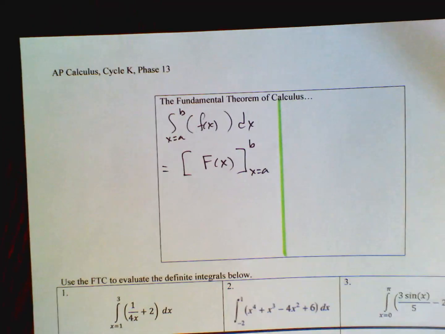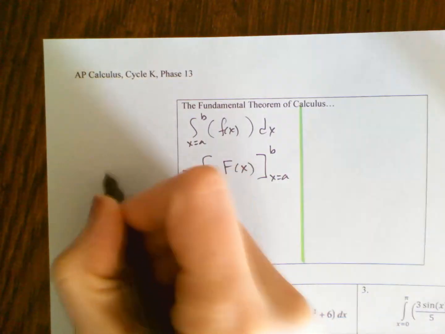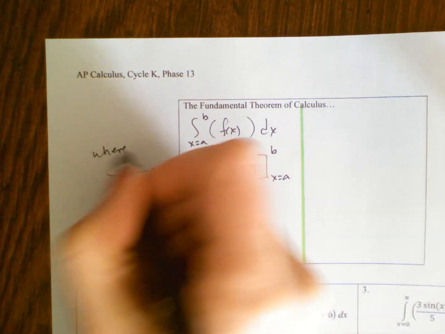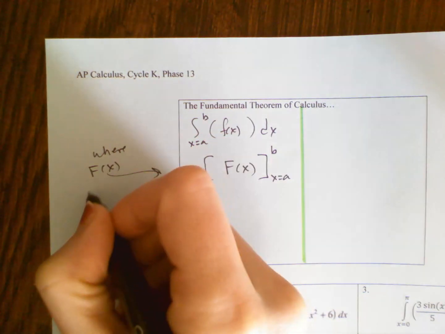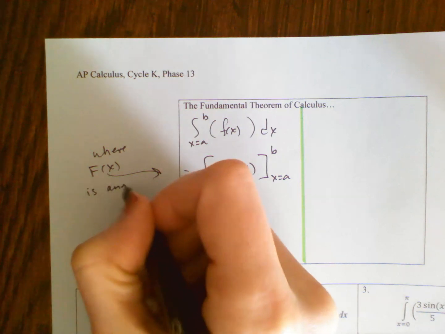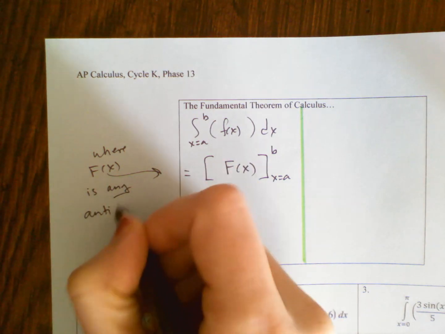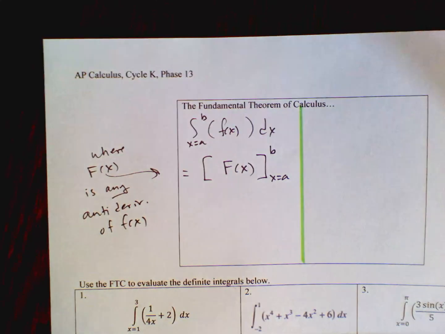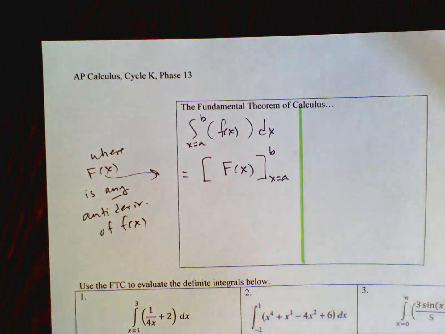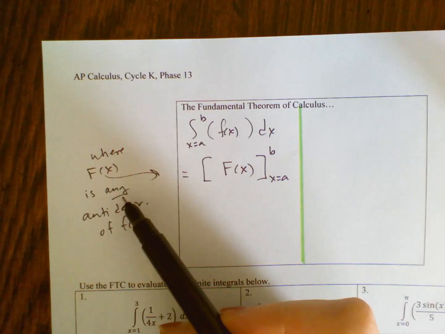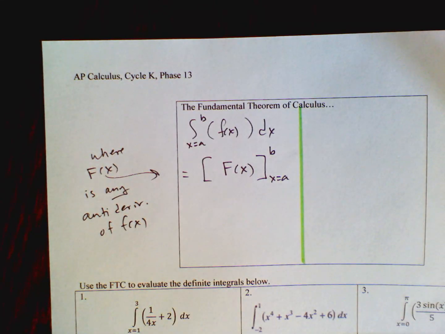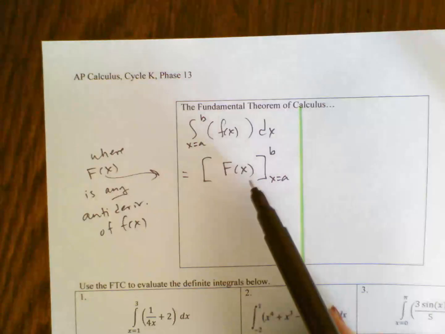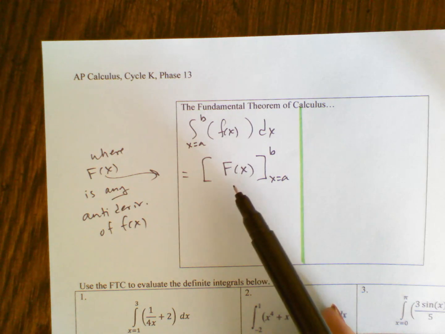I'll tell you what capital F is, where capital F of x is any antiderivative of the original input. And when I said any antiderivative, remember when you're doing an antiderivative, there's a plus c at the end. So this is any member of that antiderivative family. So the c could be anything.